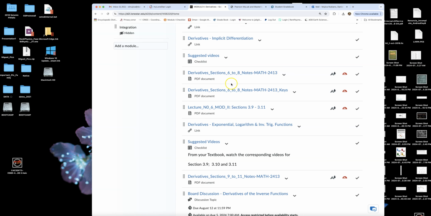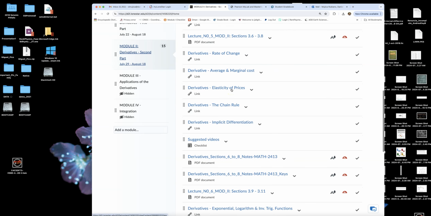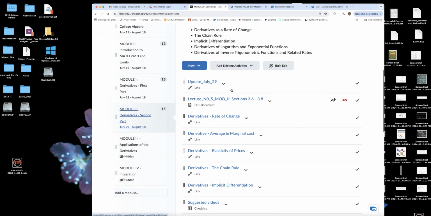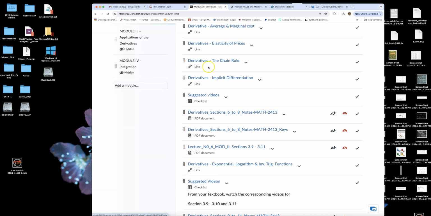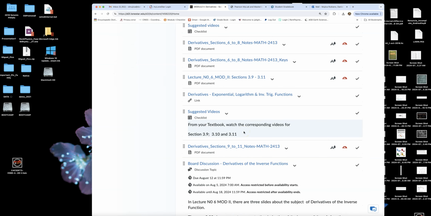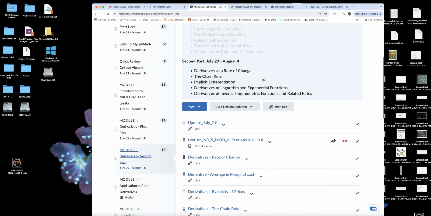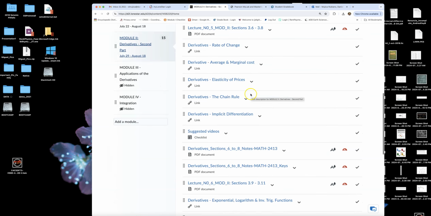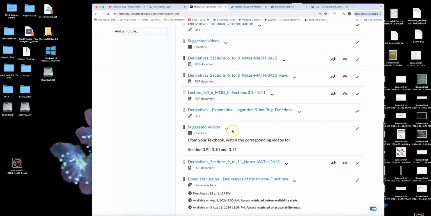For the first part, for sections 3.6 to 3.8, you have all the materials with the videos, the sections, the keys of the lecture notes. And for the last part, which is sections 3.9 to 3.11, I mean, derivatives of logarithmic and exponential functions and so on, you also have all the material over there.